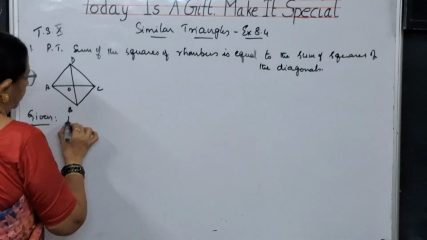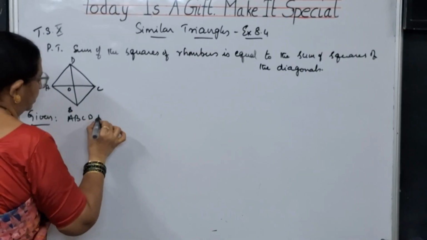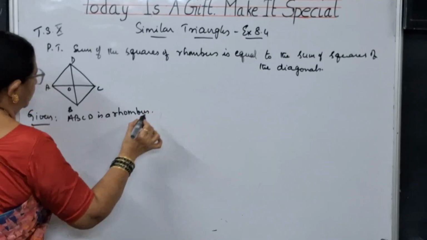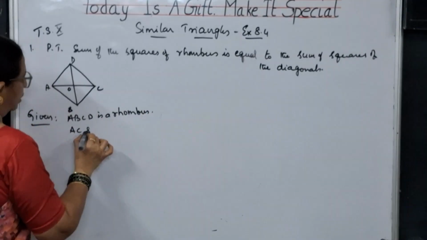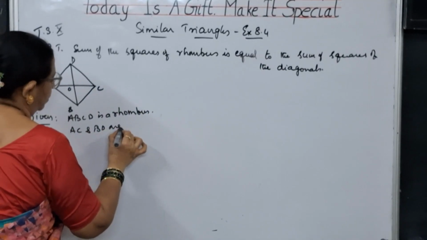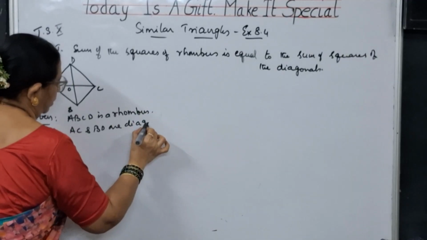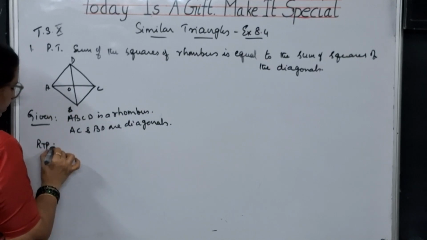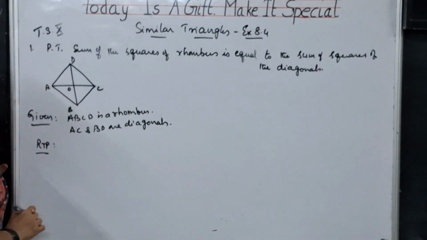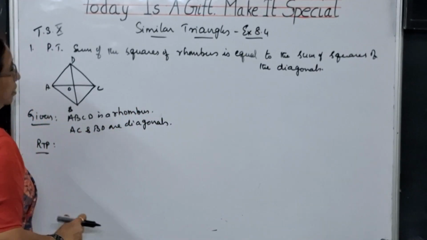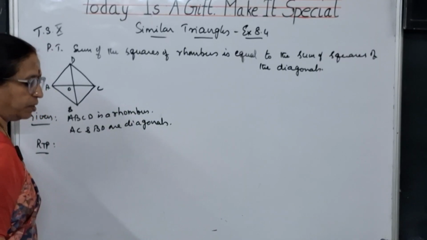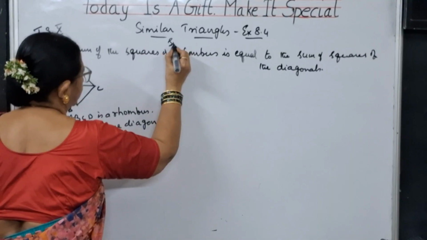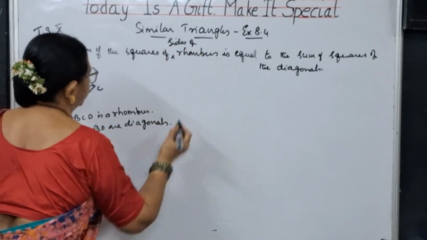Given, what is given? ABCD is a rhombus and AC and BD are diagonals. Now what is RTP? Sum of squares of sides of rhombus, children.